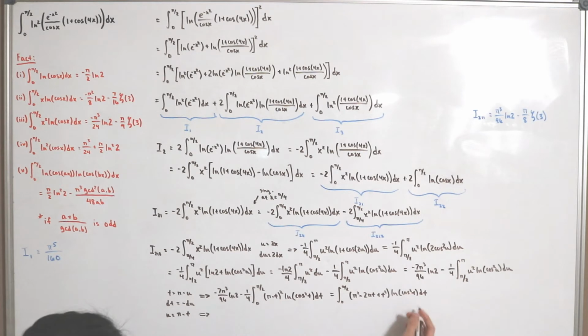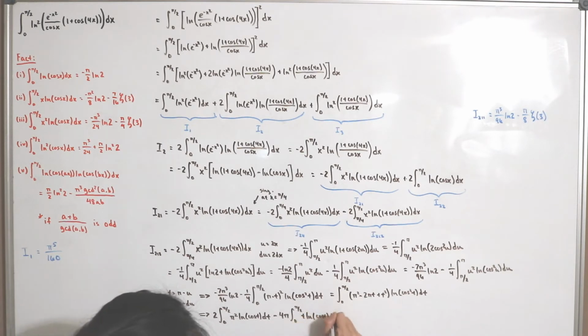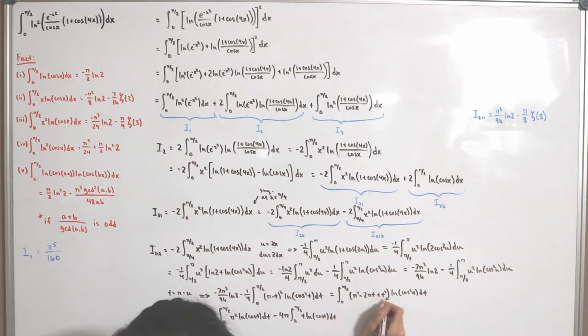To put this simply, I moved the 2 outside of the integral, so we have 2 times the integral from 0 to pi over 2 of pi square ln of cosine t dt, then minus 4 pi times the integral from 0 to pi over 2 of t ln of cosine t dt, and then factoring out the 2 as well, plus 2 times the integral from 0 to pi over 2 of t square ln of cosine t dt.